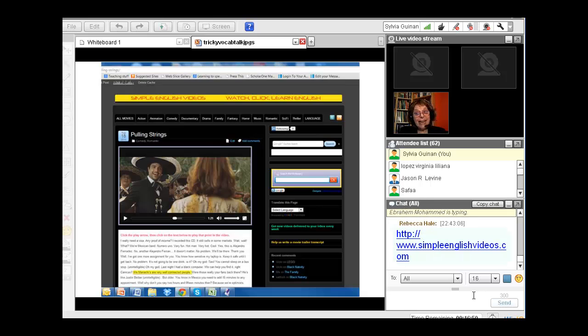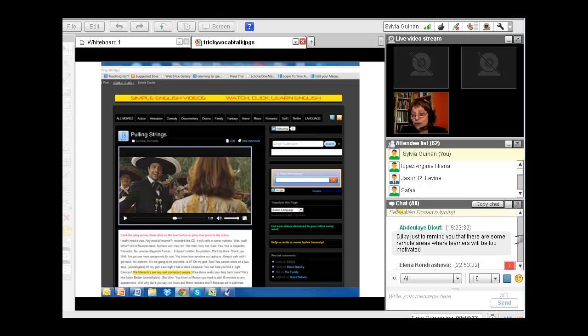But if you're a beginner or low level, sometimes being able to click that translate button and see that text in your own language is really useful. And it just gives you confidence to carry on. So I think providing our students with the tools to help them cope with video is really useful. And luckily with technology, those tools are now around and we can use them.